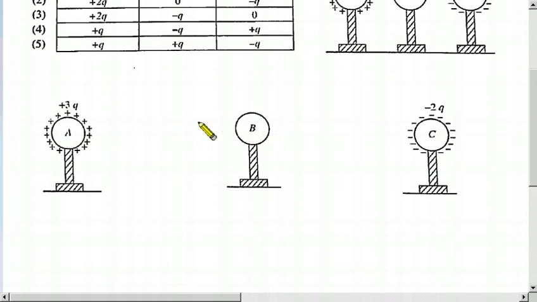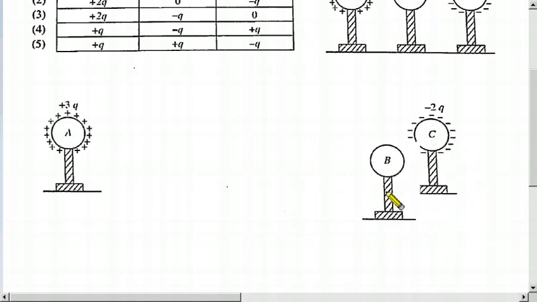Since these spheres have the same radius, they have the same capacitance, because the capacitance of a sphere is 4 pi epsilon naught times r, where r is the radius. So since the radius is equal in each sphere, the capacitance is also equal.